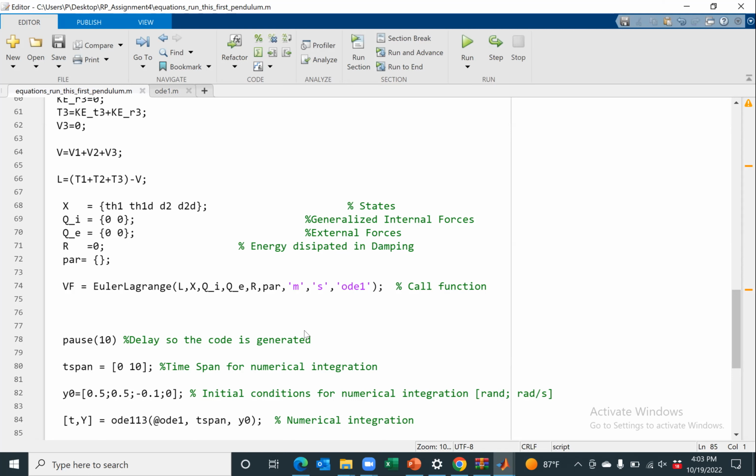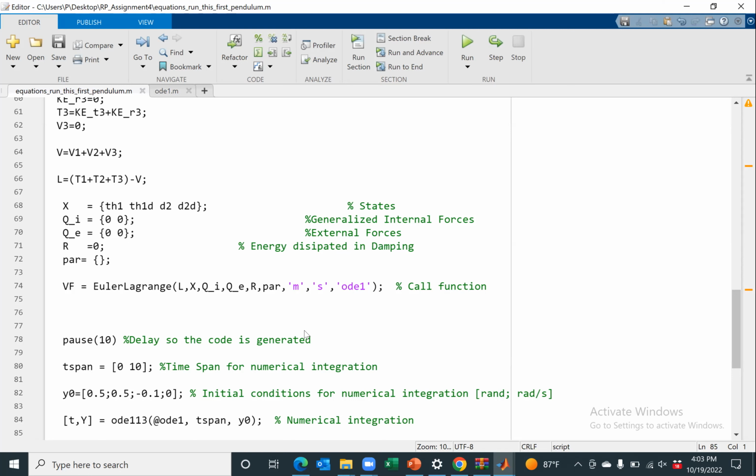I'm going to specify some initial condition on theta 1, say my theta 1 is equal to 0. I would specify some initial condition on theta 1 dot, my initial joint 1 velocity. Then my joint 2 initial displacement is something, and my joint 2 initial velocity is something.